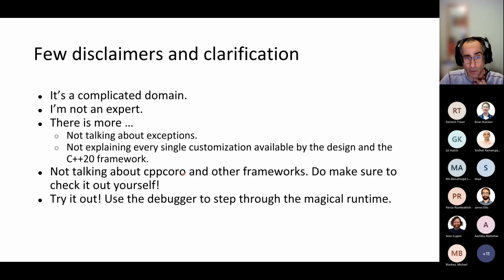I'm not talking about the CppCoro GitHub project and other frameworks. You do want to take a look at them. I'm going to show the vanilla C++20 coroutines and how to use them if you want to use them yourself instead of relying on an external framework. You should, by the way, look at external frameworks, and I'll tell you in a moment why.